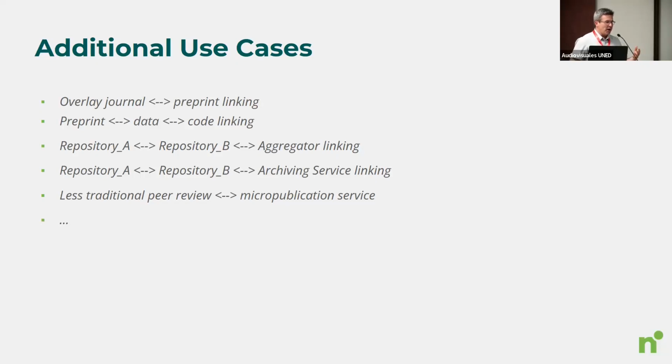A scenario where I upload my preprint, and since, as I mentioned, I'm a good scientist, I upload my data set that underlies the information that I convey in my paper. And I also created some source code that I upload to GitHub, for example, and that could be linked too, right?